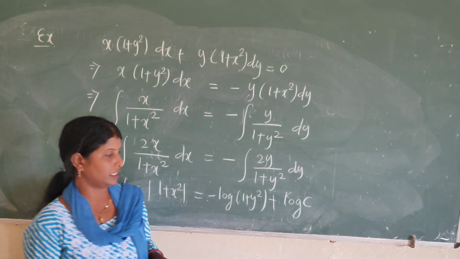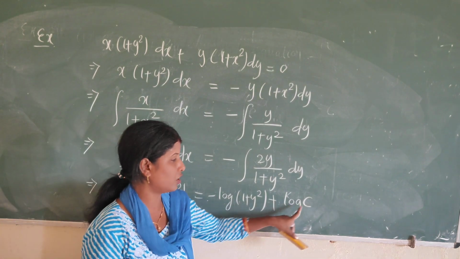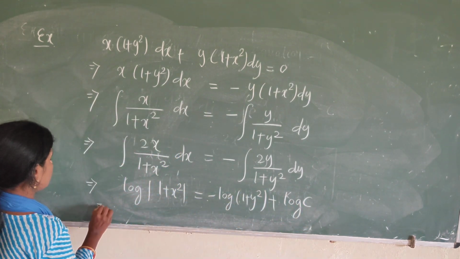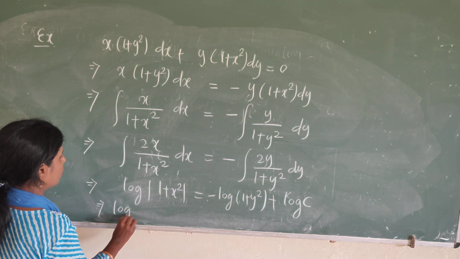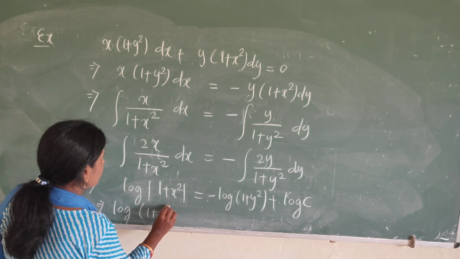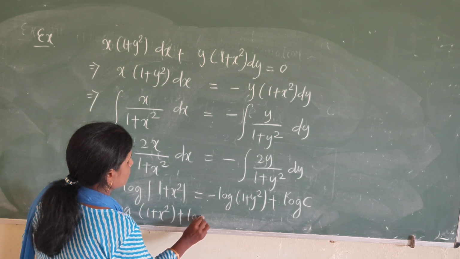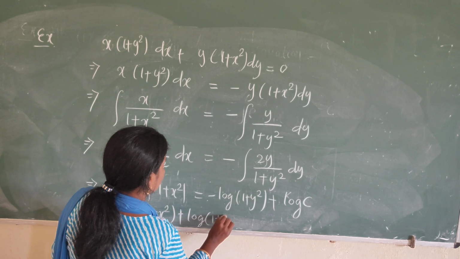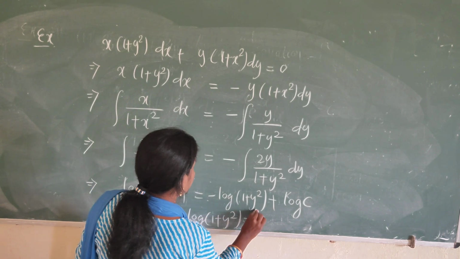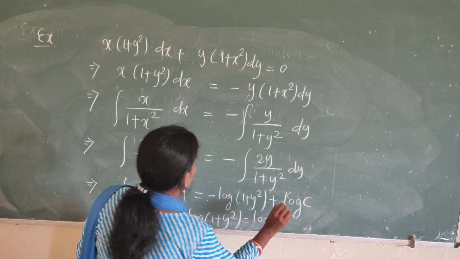we take the integrating constant as log c. Then log (1 plus x square) plus log (1 plus y square) equal to log c.